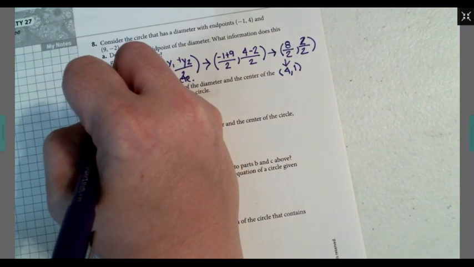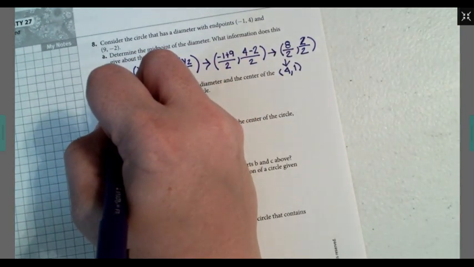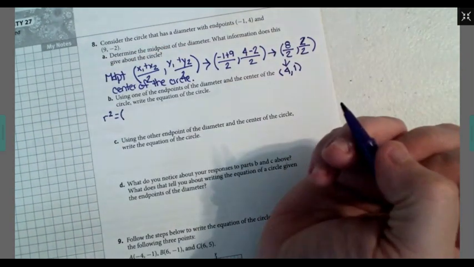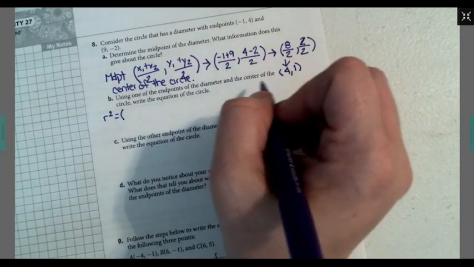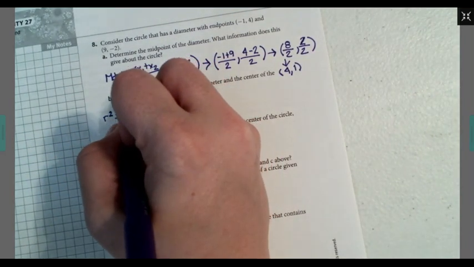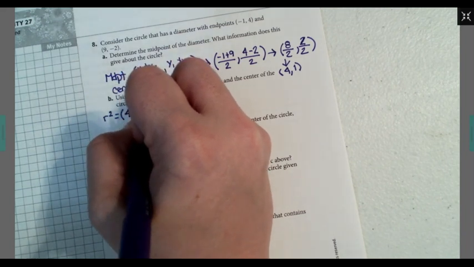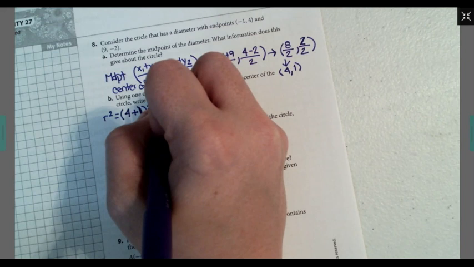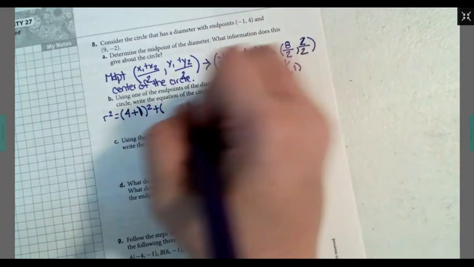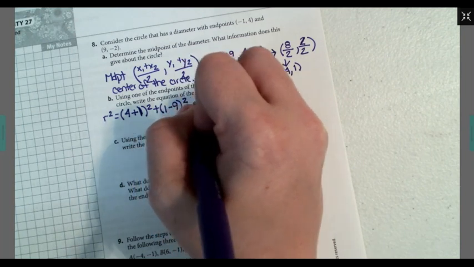Well, I can find radius squared equals (4 plus 1) squared plus (1 minus 9) squared.